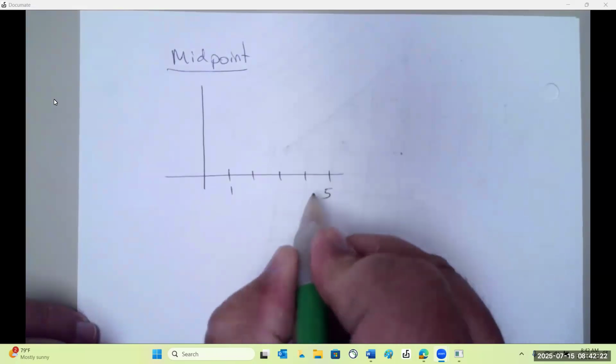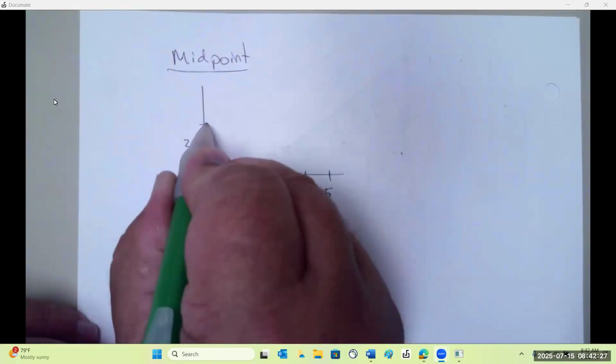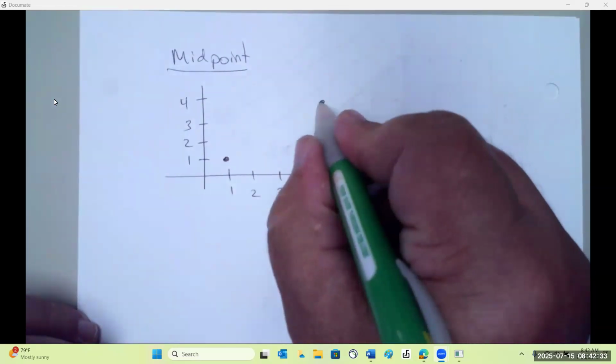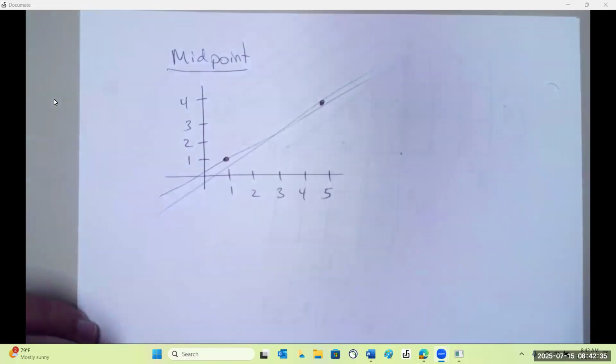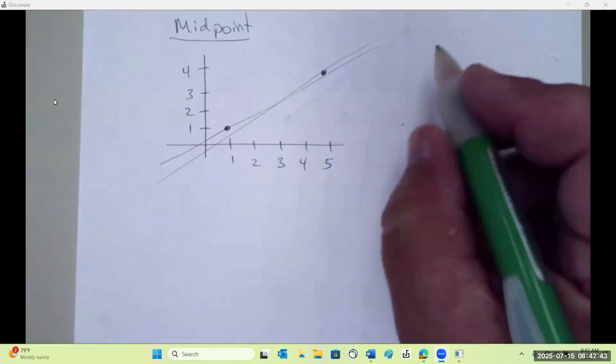Let's look at the third one we're going to talk about. The midpoint. What exactly is a midpoint? How would you define midpoint?